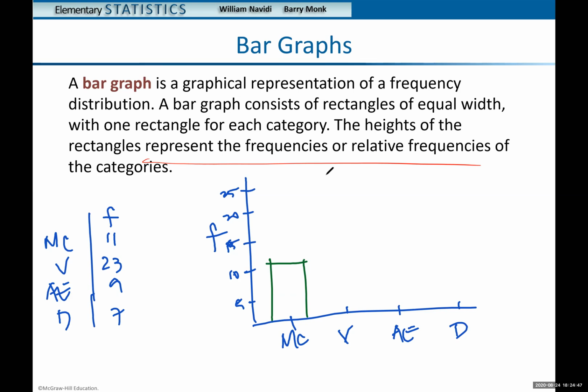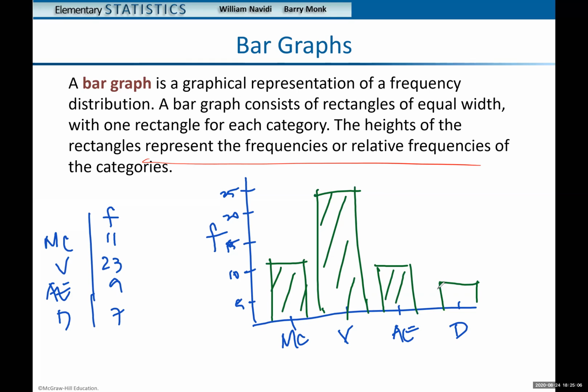Then Visa is 23. And then American Express 9. Discover 7. So this is your bar graph. Any questions?